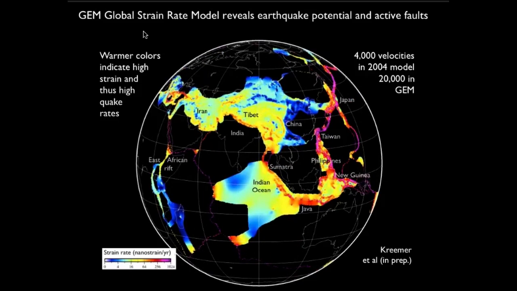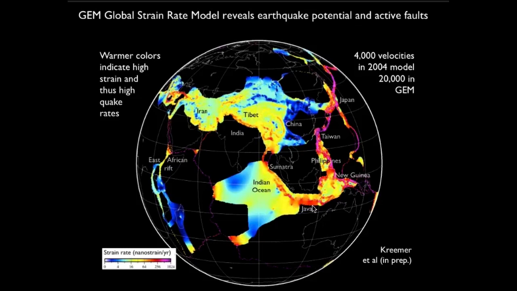And here is Asia. You can see the very high red belt where India crashes into Tibet, and you can pick out individual faults here. I showed you at the beginning of the talk Java, this super populated area, and you can see this super high strain associated with that extremely vulnerable population.